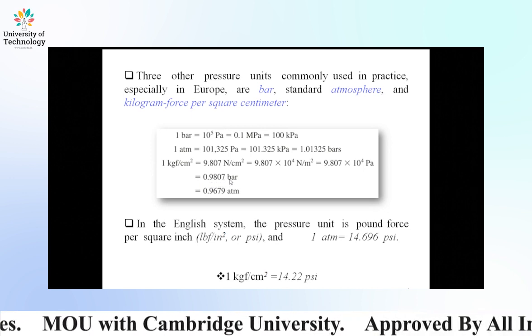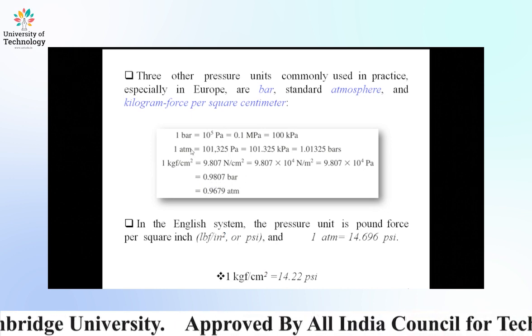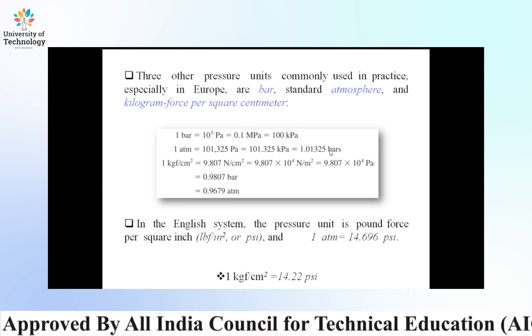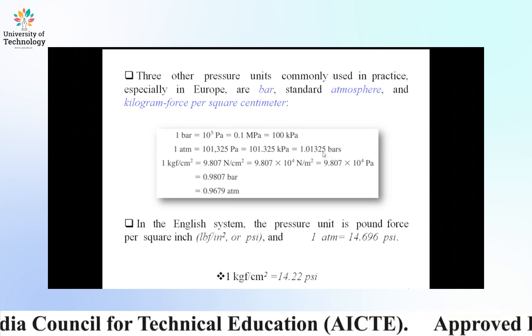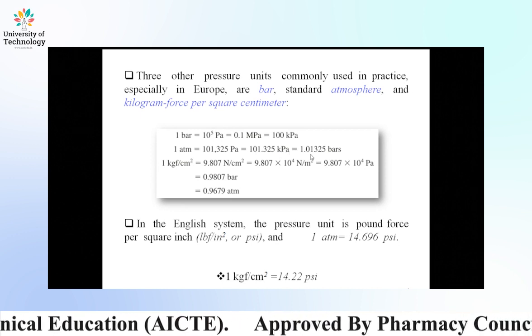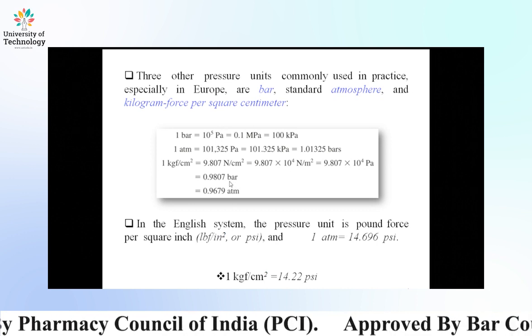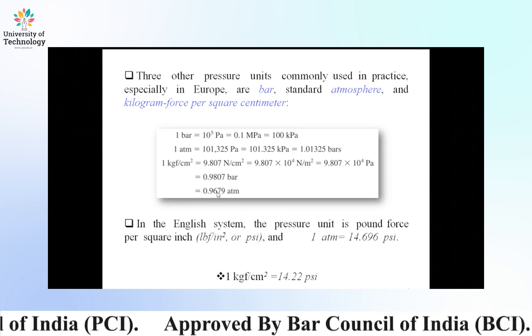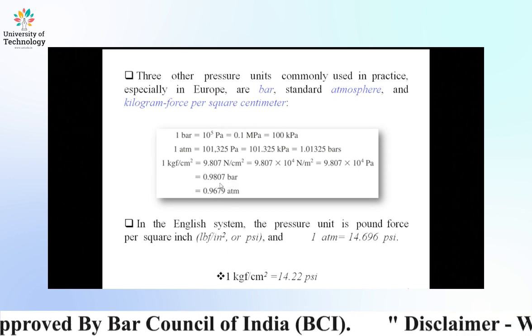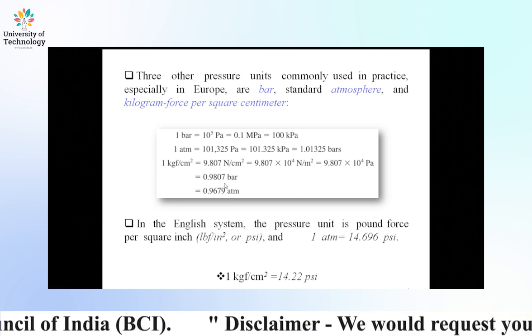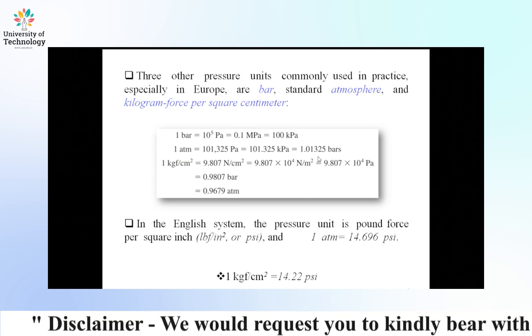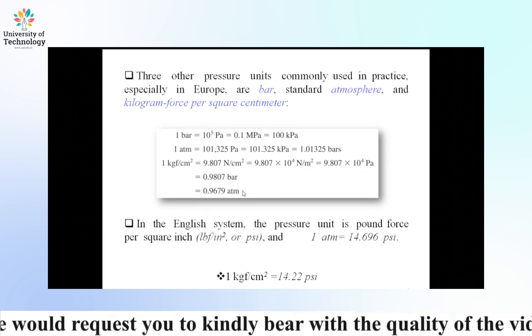And 1 atmosphere is equal to 1.01325 bar. And 1 bar is equal to 1 by 1.01325 atmosphere. So 0.9807 bar is equal to 0.9807 divided by 1.01325, which is equal to 0.967 atmosphere.